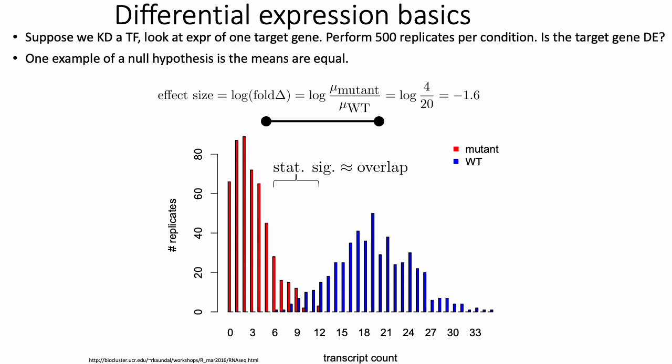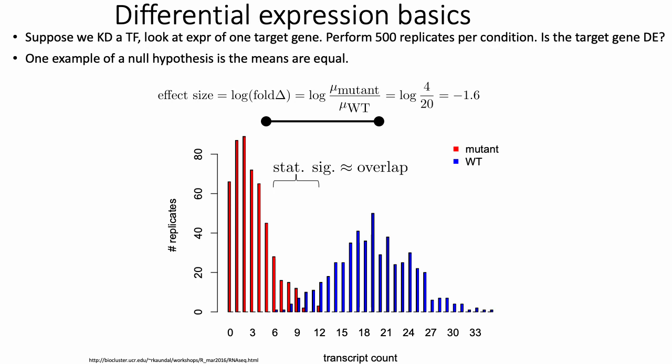The red curve here represents the hypothetical measurement of that gene's expression after knocking down this particular TF, and the blue curve represents the expression level of that gene in the wild type, when you didn't knock down the TF. Here I want to illustrate the concepts of effect size and significance with respect to differential expression testing.